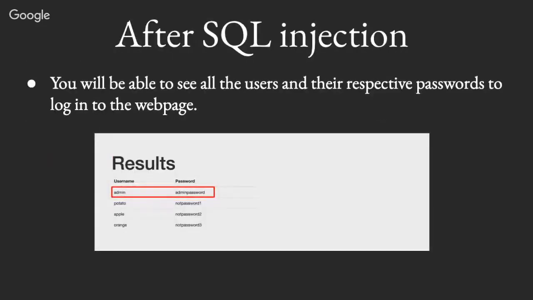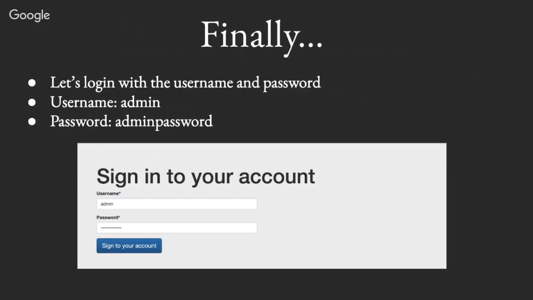Okay, so after y'all inject the SQL injection, you'll be able to see all the usernames and passwords on the web page. So y'all can try to log in with any of the credentials at the login page, and y'all should be able to get the flag.